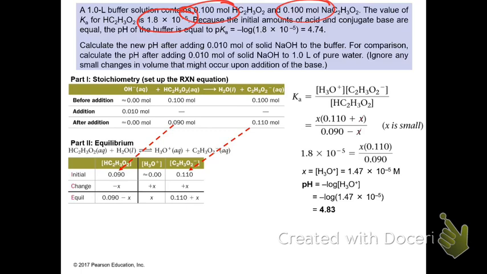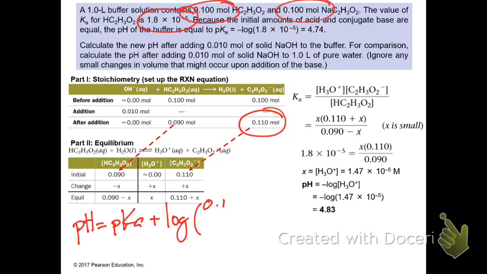And so we can just plug it into the pH equation. pH equals pKa plus the log of the conjugate base concentration, 0.110, divided by the amount of the acid, which is 0.090.